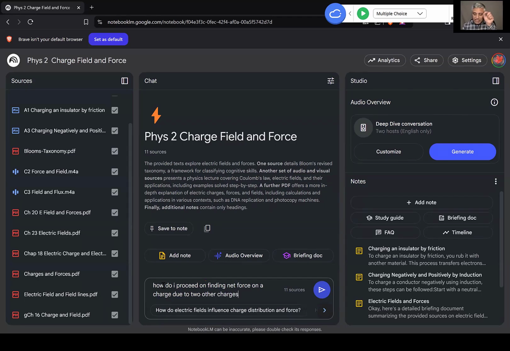That charge could be positive or negative, and the other two charges could be positive or negative. No matter what they are, the process is going to be the same, right? A charge due to two other charges.